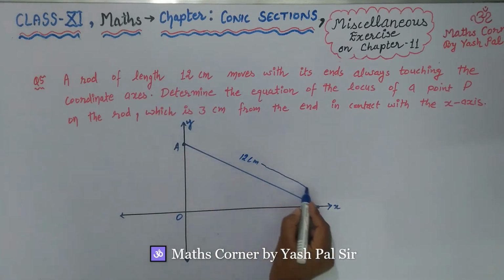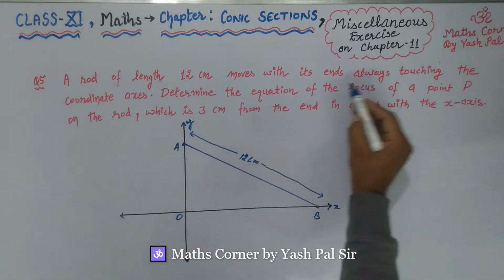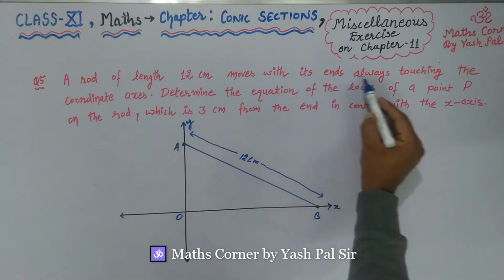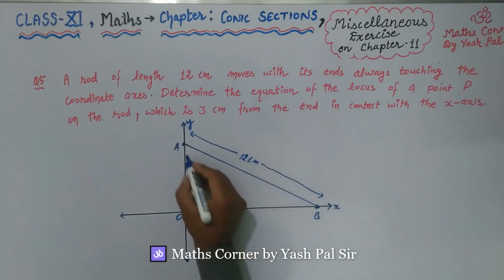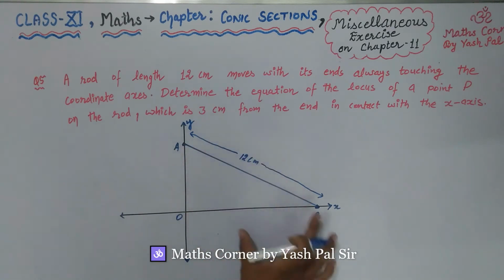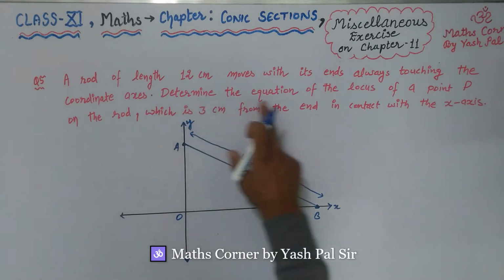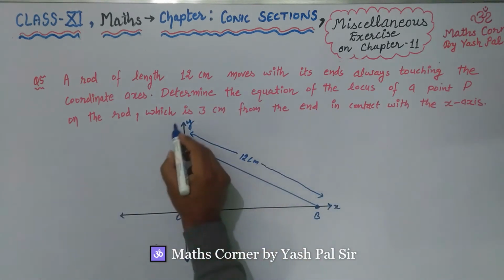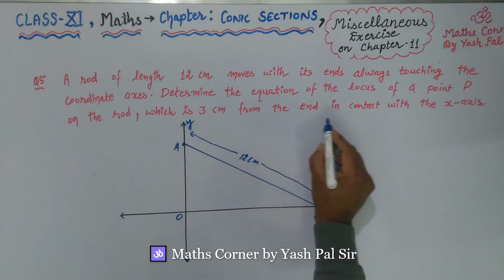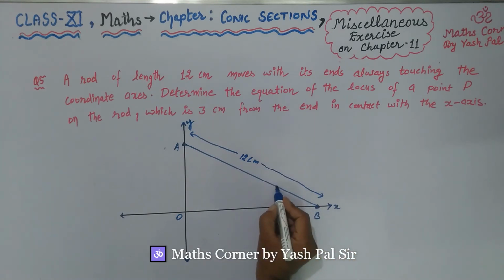Like this we have the rod, with its ends always touching the coordinate axis. This is one axis, x-axis intercept, and y-axis intercept is A. Determine the equation of the locus of a point P on the rod which is 3 centimeter from the end in contact with the x-axis. From here, suppose this is the point, any point P.